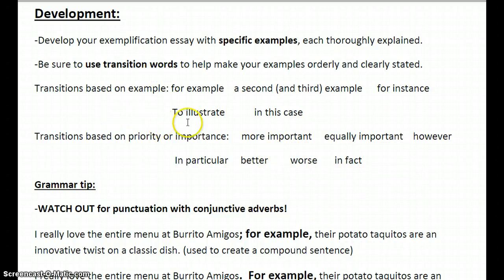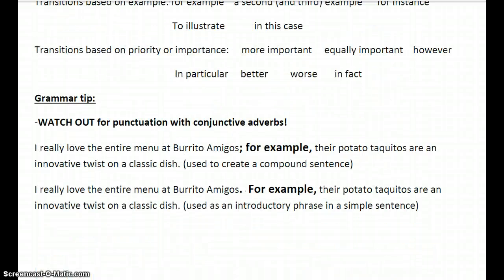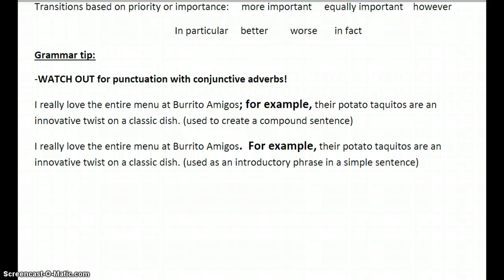This doesn't mean you have to use exactly these, but this is just once again a reminder that you should be thinking about transition words or phrases. I give you a grammar tip. Watch out for punctuation with conjunctive adverbs. So I want you to go over those two sentences and take a look, see the difference.